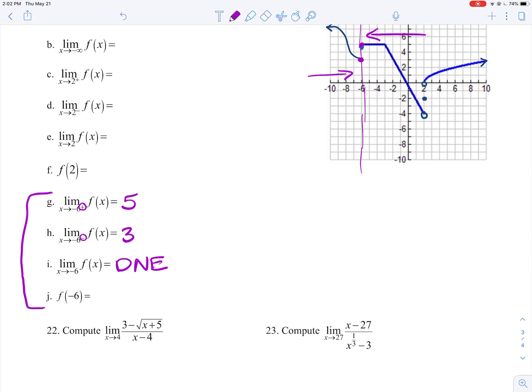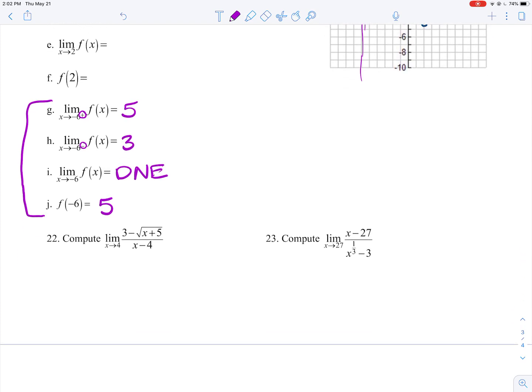Right here, when we are at the function for -6, the y value equals 5. So the function when we substitute in -6 is the same as the limit approaching from the right-hand side, but it's not the same in general. So just to review that for you.